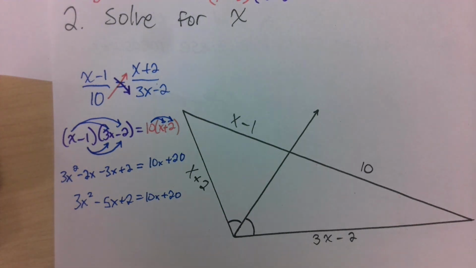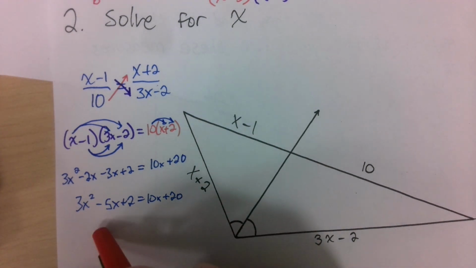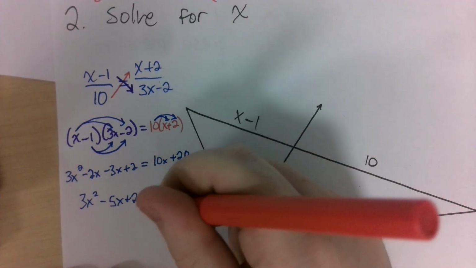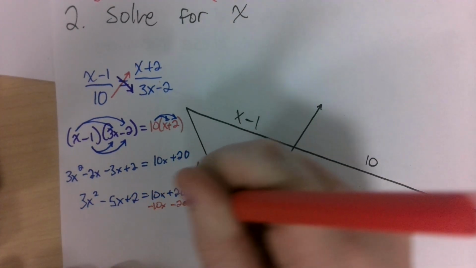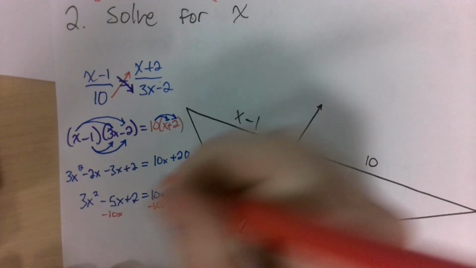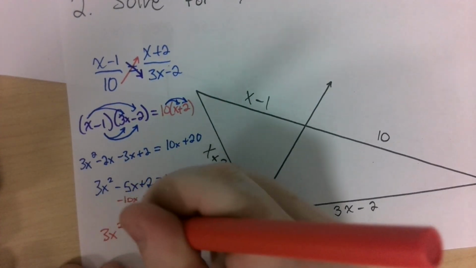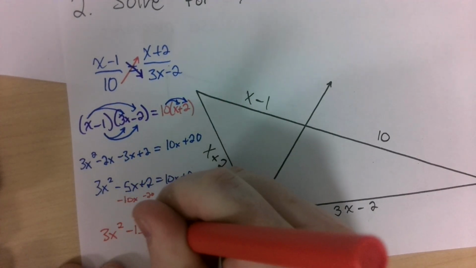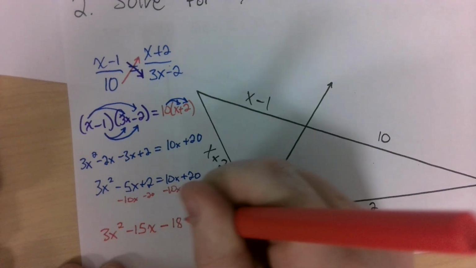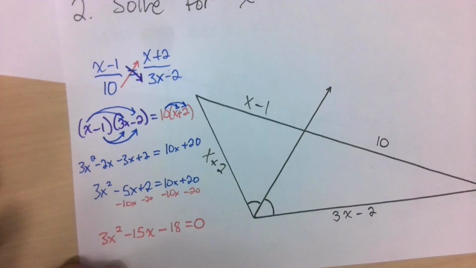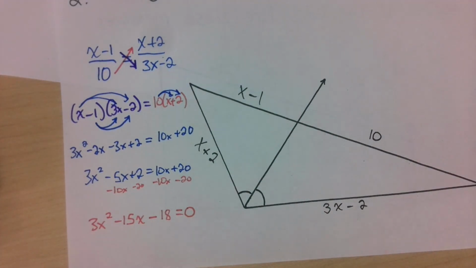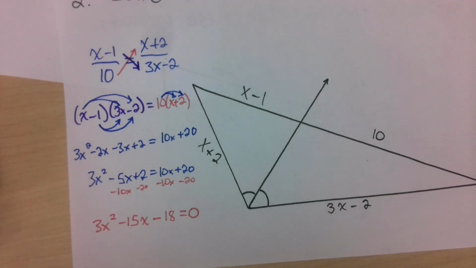So let's move all the terms from the right side over to the left with the other ones. I'll subtract 10x from both sides, and I'll also subtract 20 from both sides to get the following. 3x squared minus 15x minus 18 equals 0. This is our factorable polynomial.